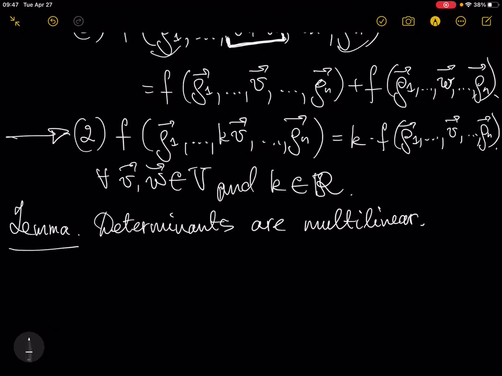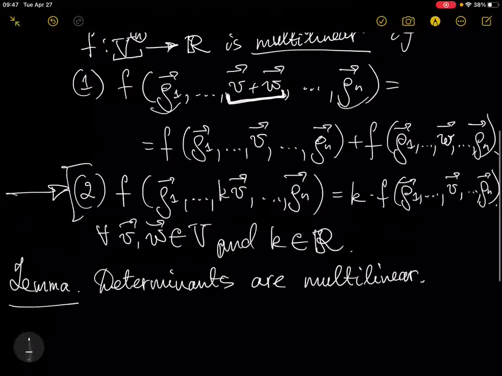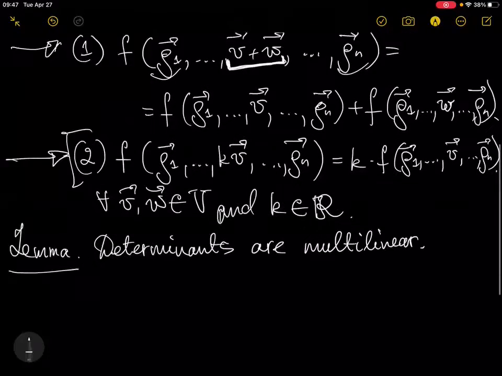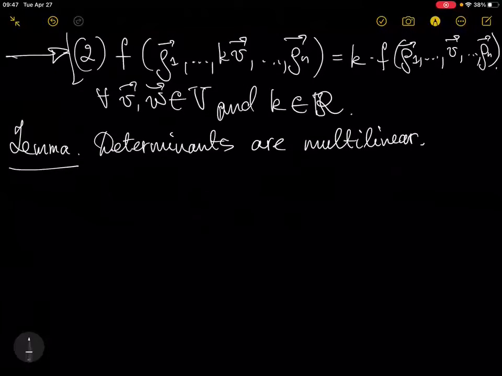So then you are getting immediately this second property for multilinearity. Now for property 1, we need to verify this property.